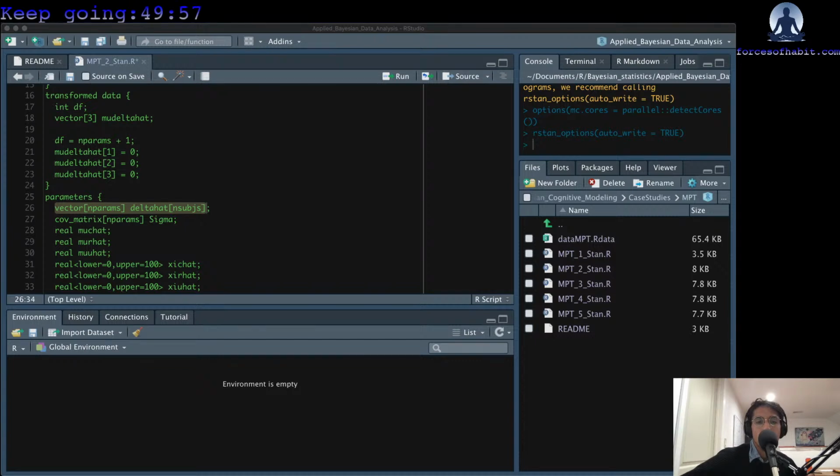I think what's happening here is I'm creating a vector, and then for each of the dimensions of the vector, vectors in Stan are column vectors declared with a size, the size being dimensionality.